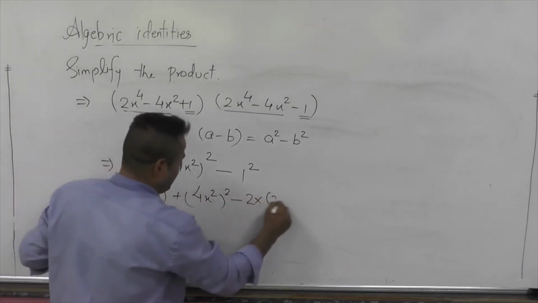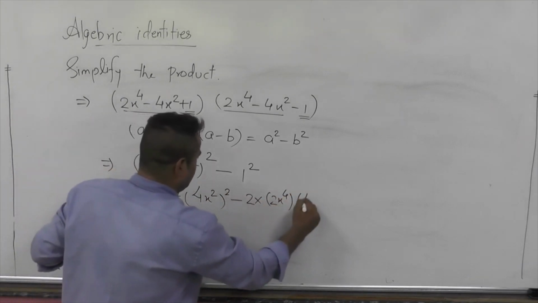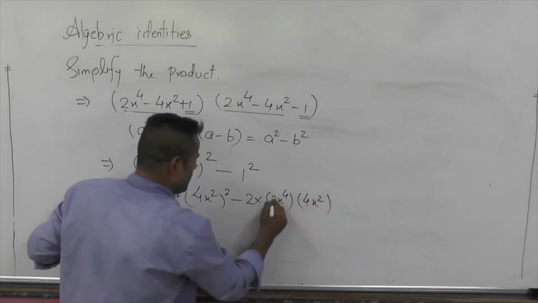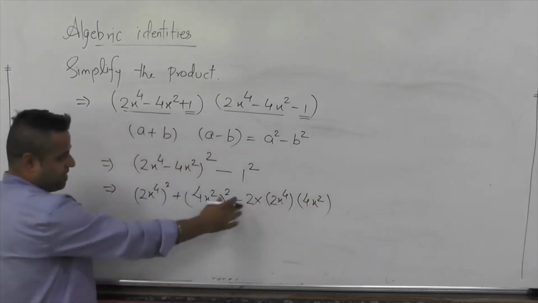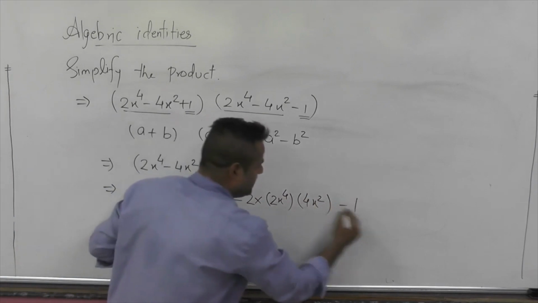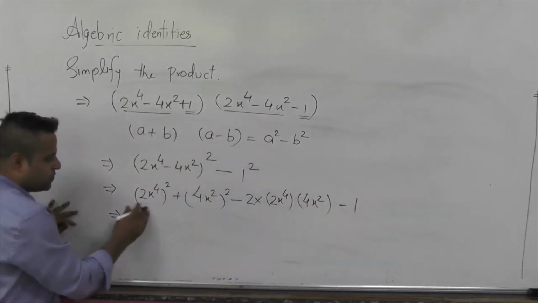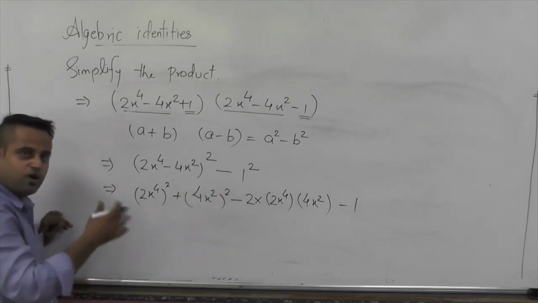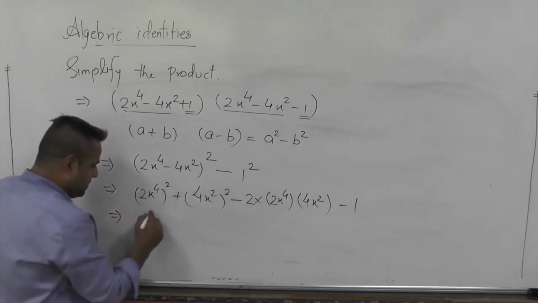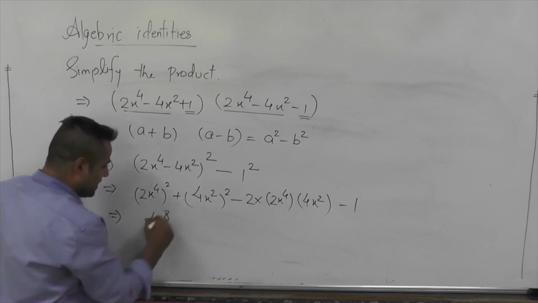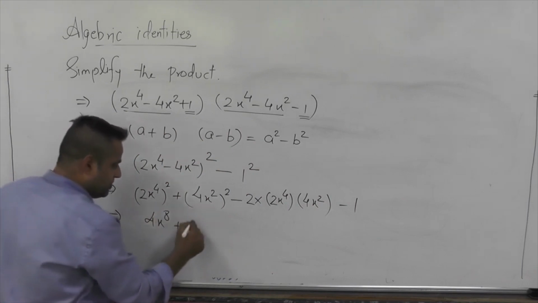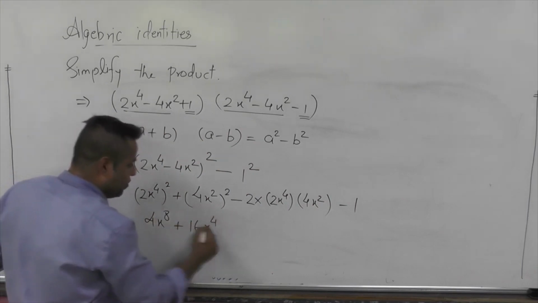So 2. Our A is 2x to the power 4 and our B is 4x square. Okay, so this is A square plus B square minus 2AB and minus 1 square is existing so that we can write it afterwards. Now, squaring these terms individually and solving it together, this will become 4x to the power 8. This will become 16x to the power 4.